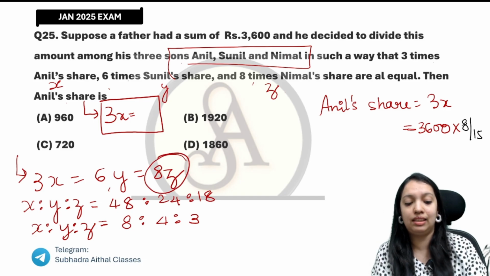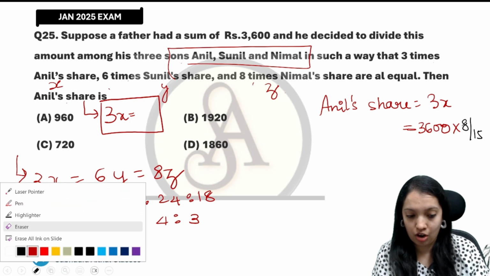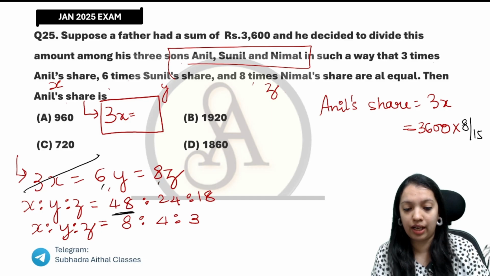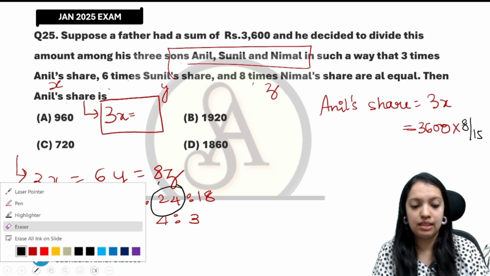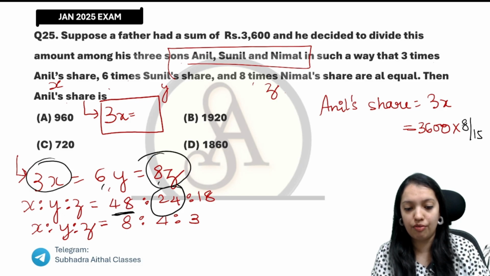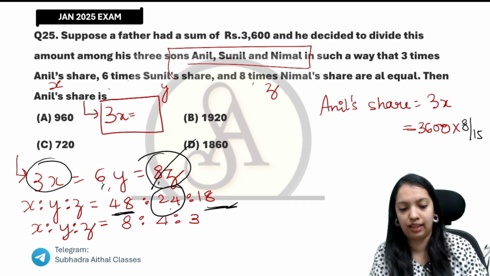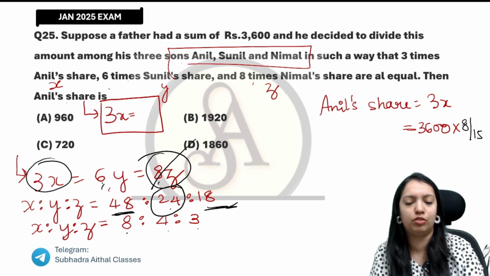Whenever x, y, z are equal, remember you can solve this as: for Anil, ignore 3x, 8 6 are 48. For Sunil, ignore middle term which is 6y, you get 3 into 8 which is equal to 24. And for the last person, you ignore the last term, 3 8 6 are 18. Take the ratios, divide this by 6, you get the value 8:4:3.